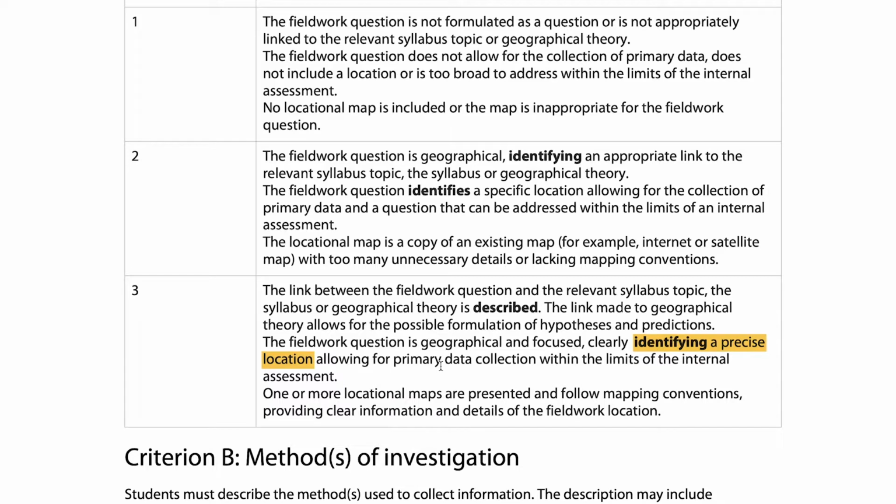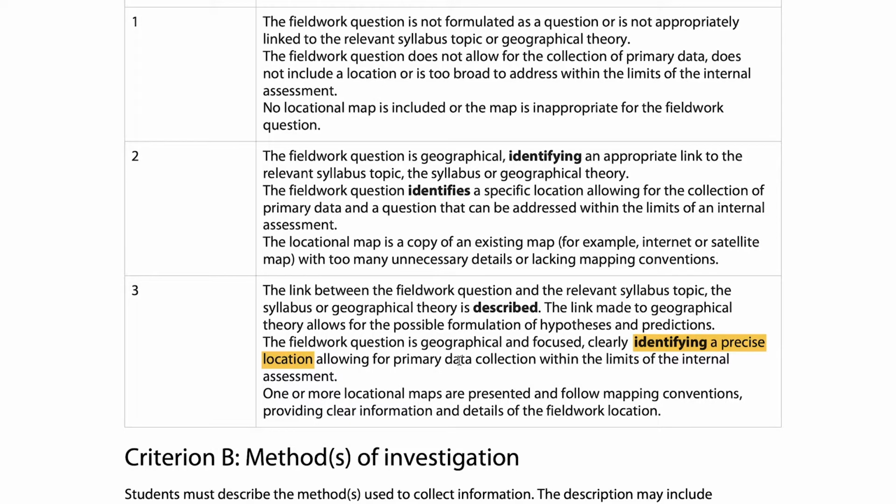So whenever you're saying, okay, we're going to be measuring the flow of the Threadbow River, why? You want to make it explicit as to not only what aspect of the syllabus, but especially what particular line. How exactly does this relate to the syllabus?